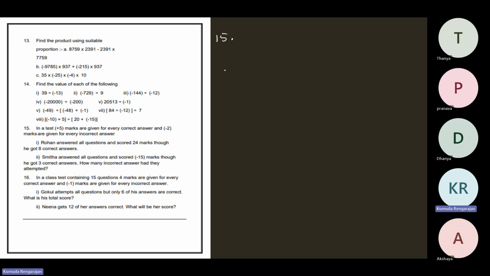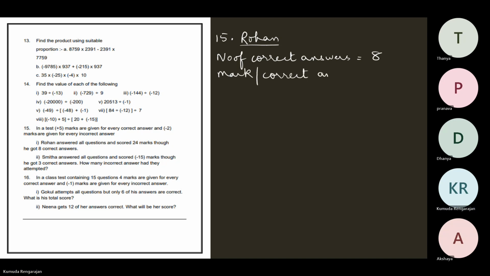So see here, it's given that Rohan got 8 correct answers. So this is for Rohan. Number of correct answers is equal to 8. Mark per correct answer. What is the mark for every correct answer?